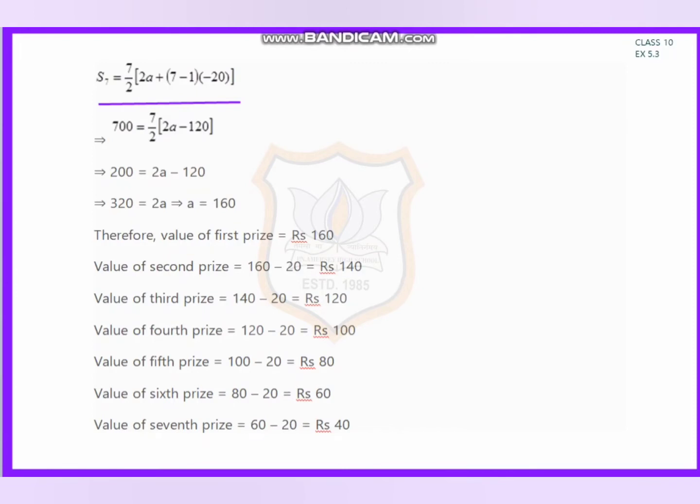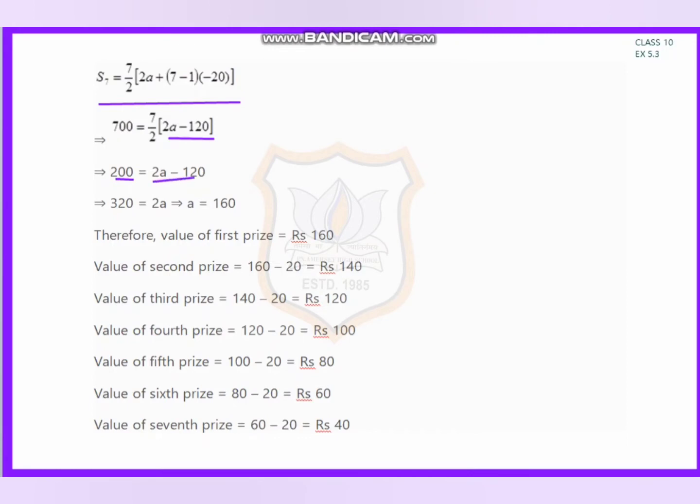So we get the result 2a minus 120, and 7 by 2 as it is. Now 7 is divisible into 700 and this 2 is multiplied with 700. So we get the result 200.